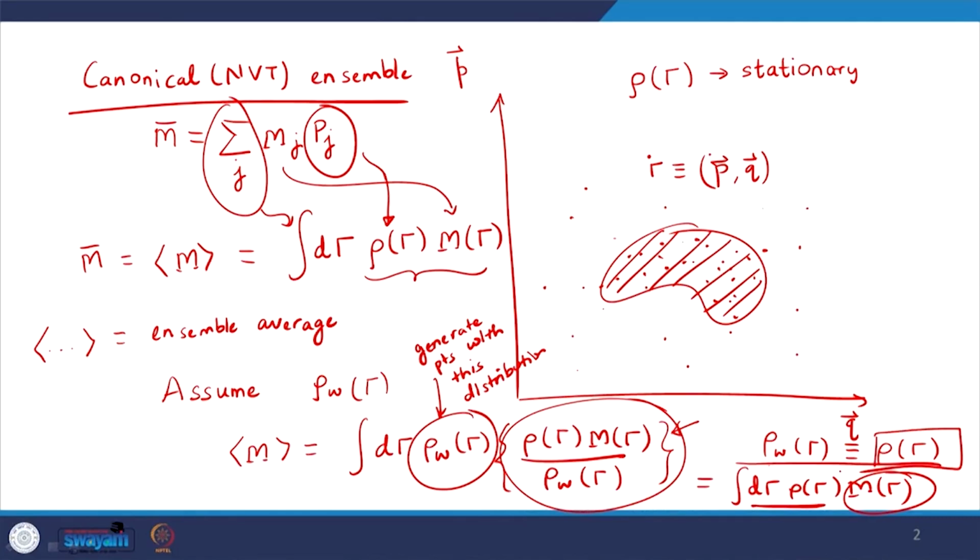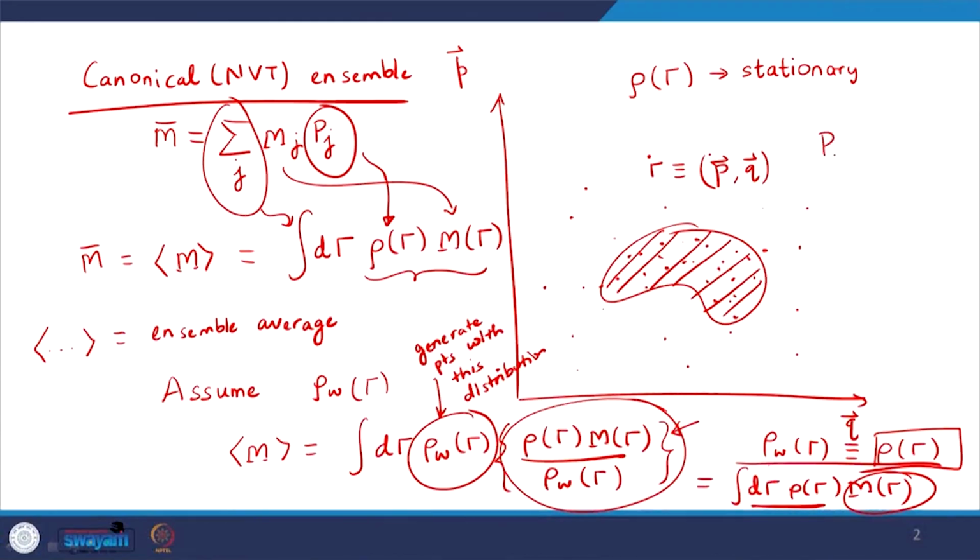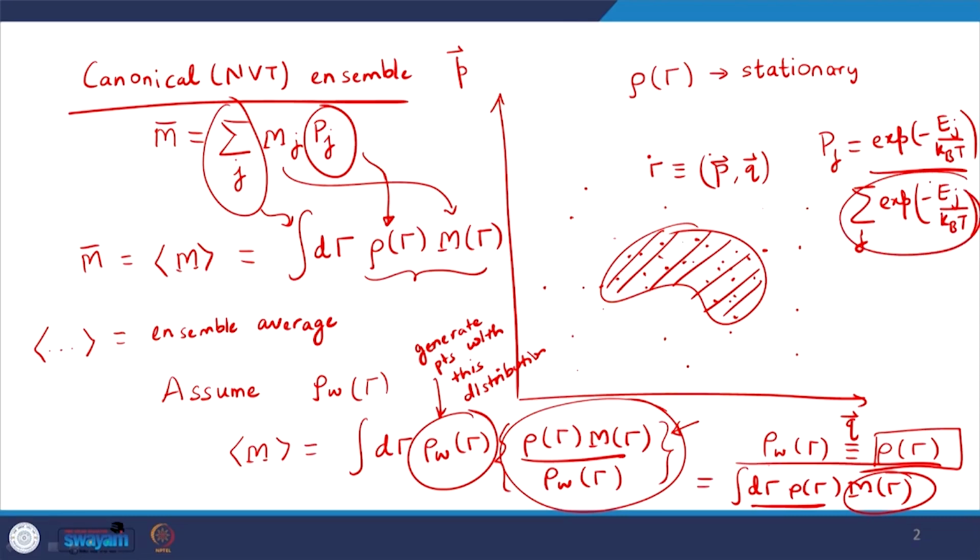No matter how we are doing it, the key question is: do we really know this quantity rho of gamma? The answer is no, because this rho comes from the probability of states, and the probability of states is something like exponential of minus E_j by k_B T divided by the sum over j of exponential of minus E_j by k_B T, where the denominator is actually the partition function.